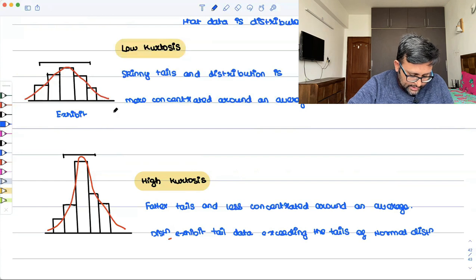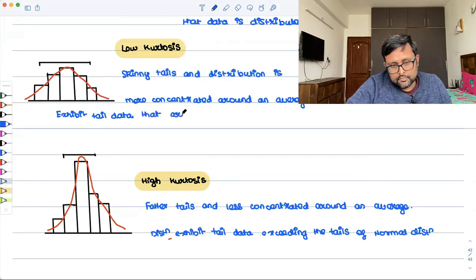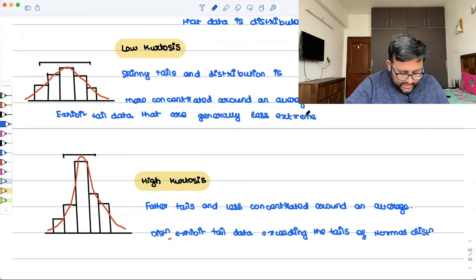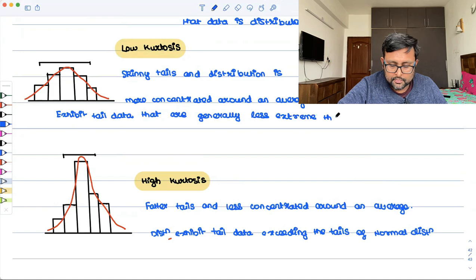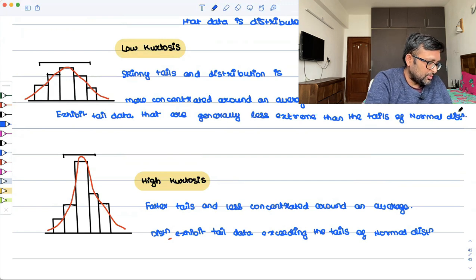So it exhibits tail data that are generally less extreme than the tails of normal distribution, right? Than the tails of normal distribution.